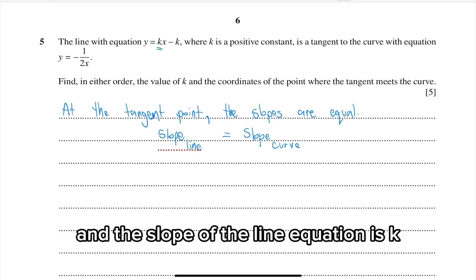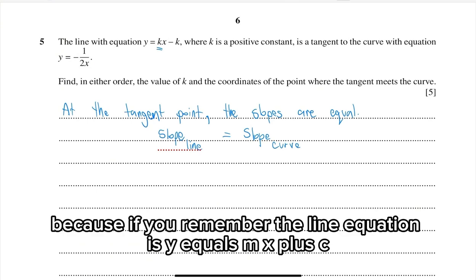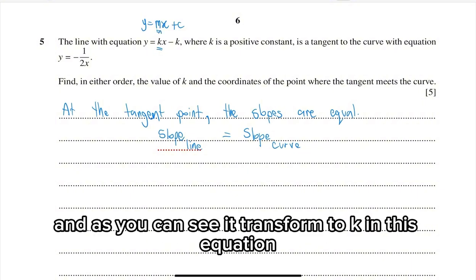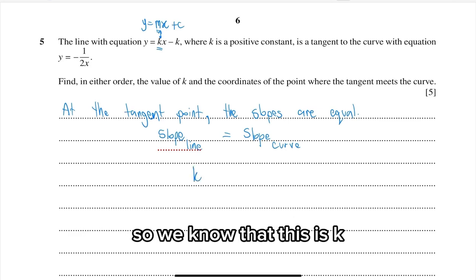And the slope of the line equation is k, because if you remember, the line equation is y equals mx plus c, where m is the slope. And as you can see, it transformed to k in this equation. So we know that this is k.